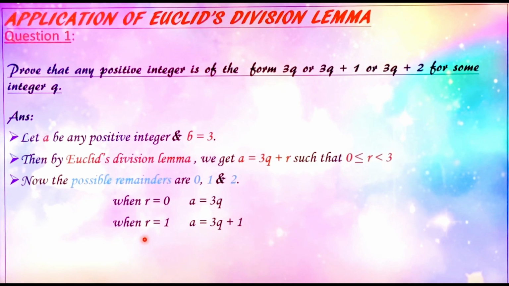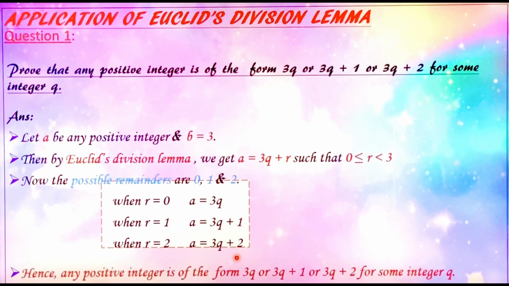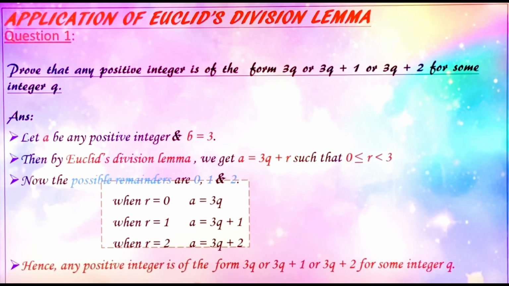When r is equal to 1, a becomes 3q plus 1. Also, when r equals 2, we get a is equal to 3q plus 2. Hence, any positive integer is of the form 3q or 3q plus 1 or 3q plus 2 for some integer q.